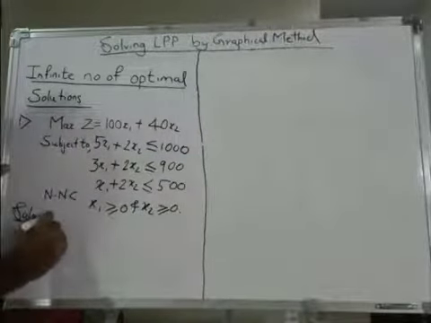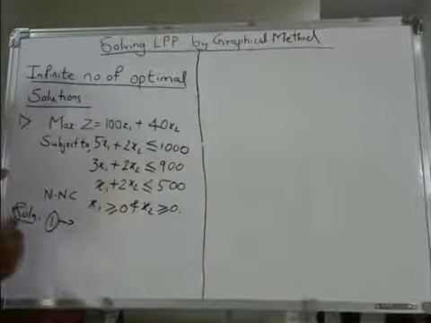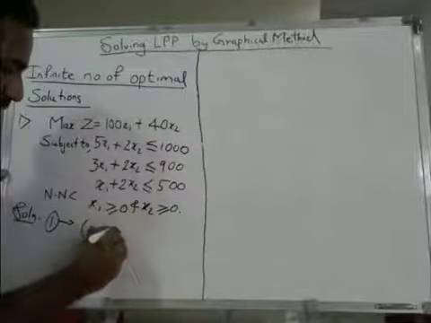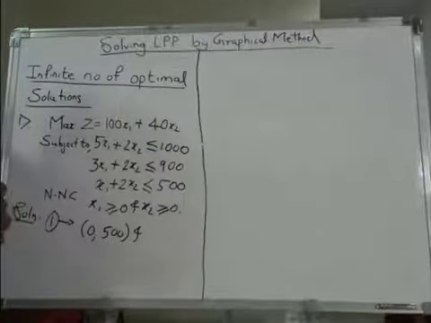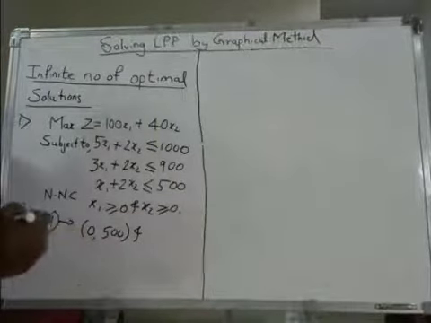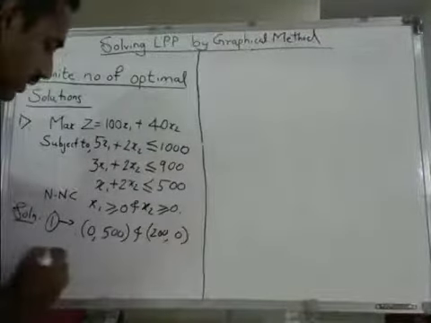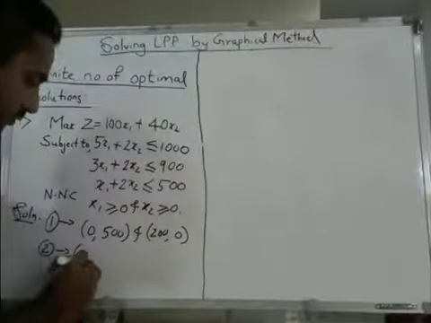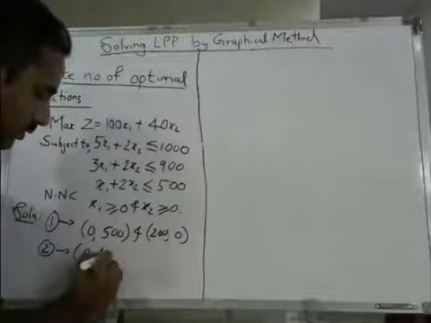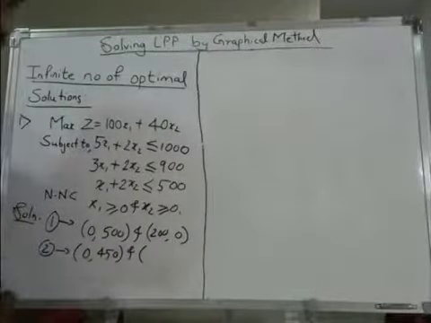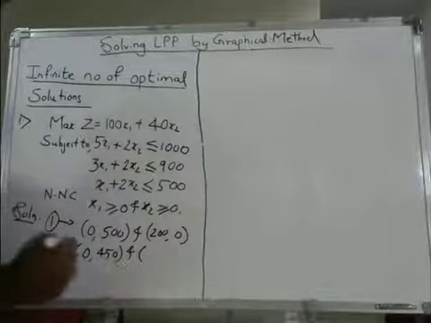I will take equation number 1, and the coordinates we have got for the first equation are 0, 500, and 200, 0. For the second equation, what we have got is 0, 50, and 300, 0.